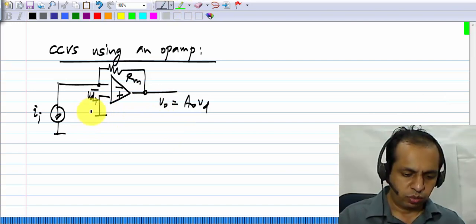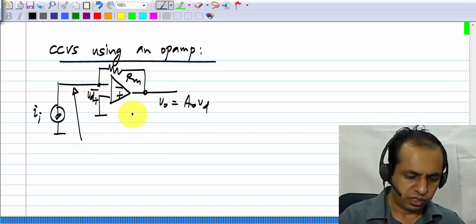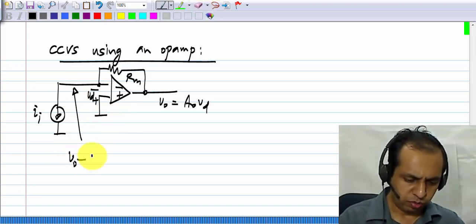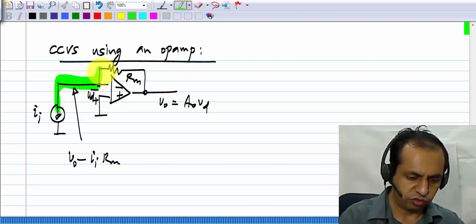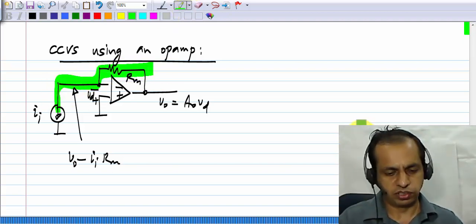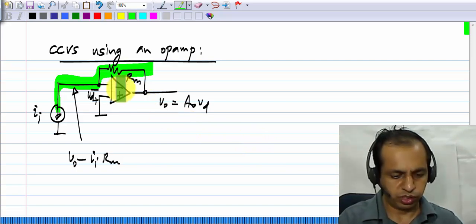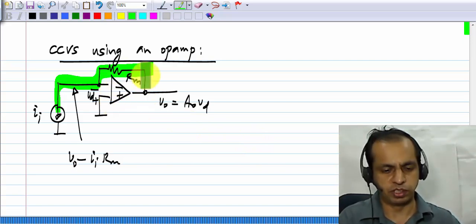In this case, we know that this voltage Vd here has to be V0 minus Ii Rm, because this current has to flow into the resistor. Nothing goes into the op-amp. We assume that the input resistance of the op-amp itself is infinite.